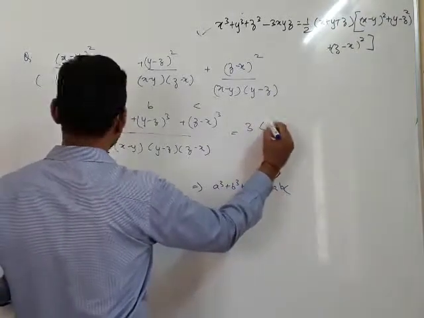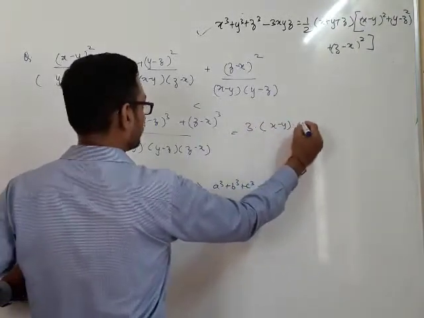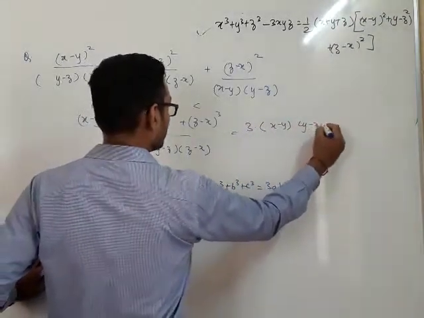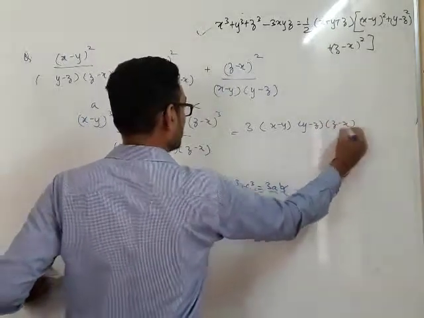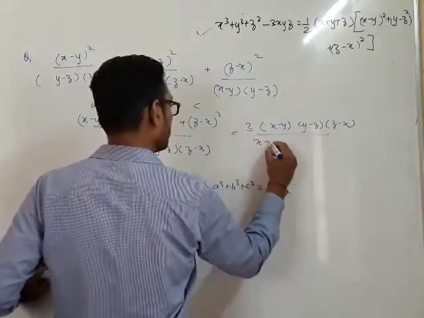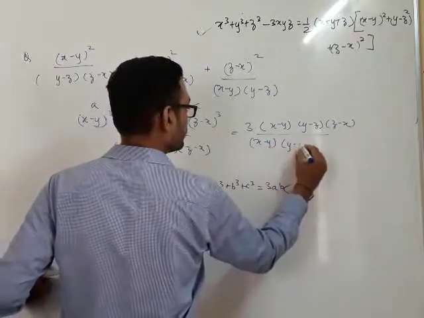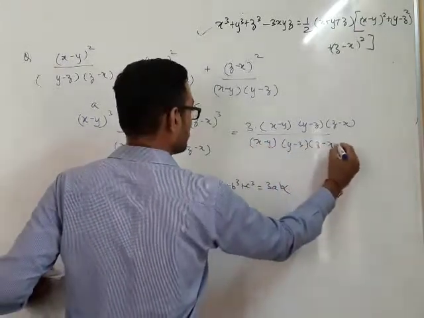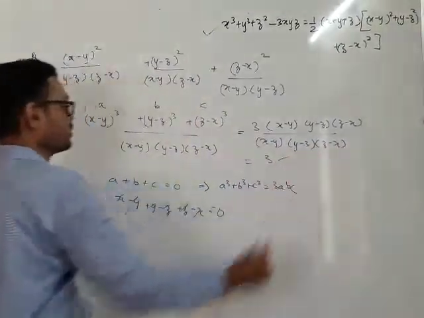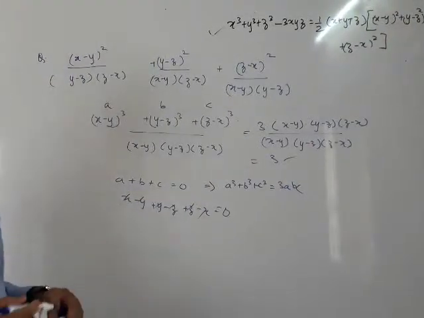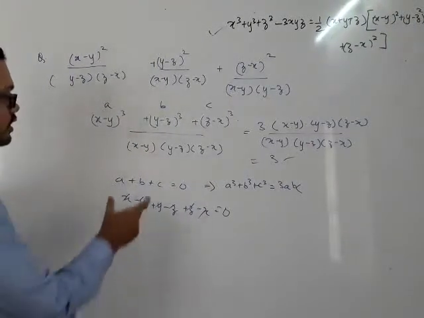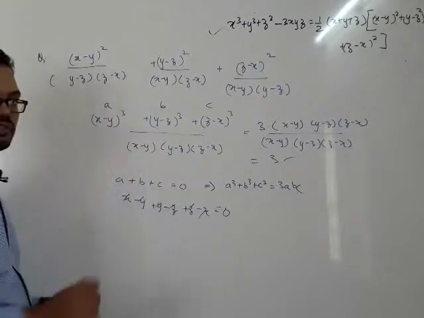So it's nothing else. 3 into (x minus y)(y minus z)(z minus x) upon (x minus y)(y minus z)(z minus x), which is 3. Right, it is just a straightforward application. In short, directly here it is not given.